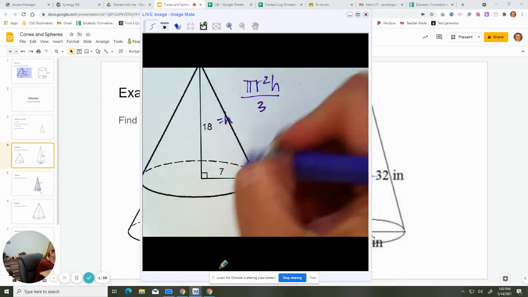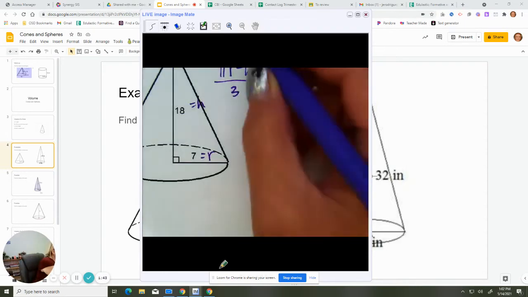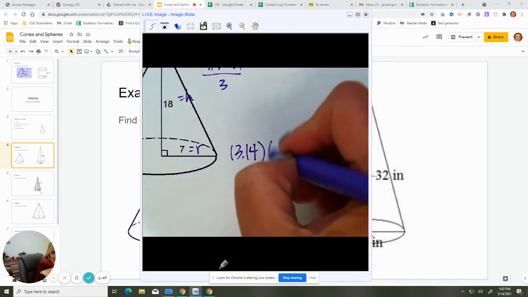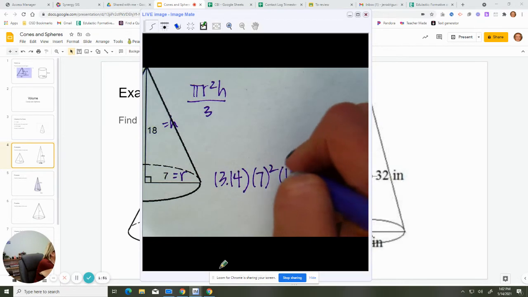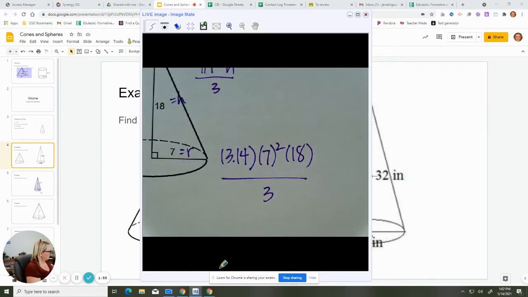This right here is h, this right here is r, and then it's just a calculator problem. So this would be 3.14 times r squared, which is 7 squared, times h, which is 18, all divided by 3.